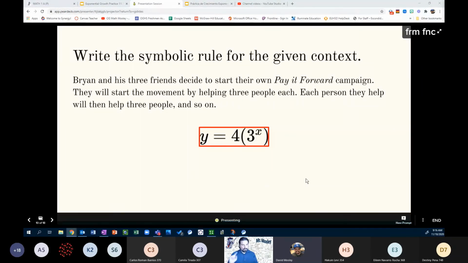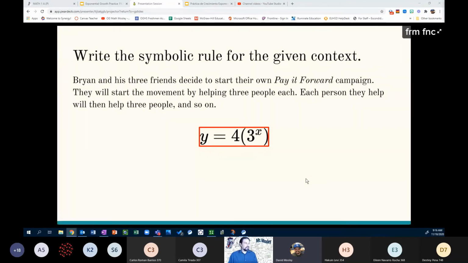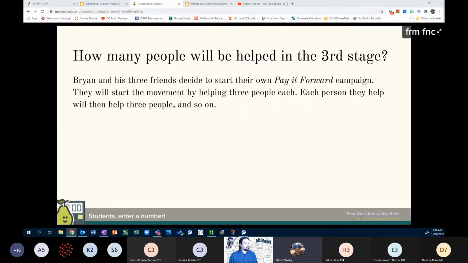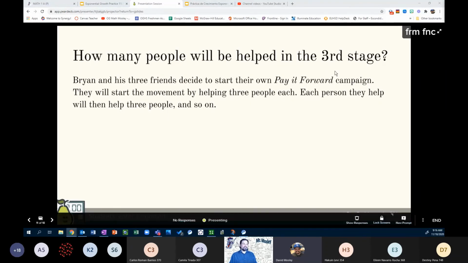Okay, we're gonna do one more. So here it is. You're gonna need to use this rule. Now you might need a calculator. How many people will be helped in the third stage? Same exact context. We're looking at the third stage.